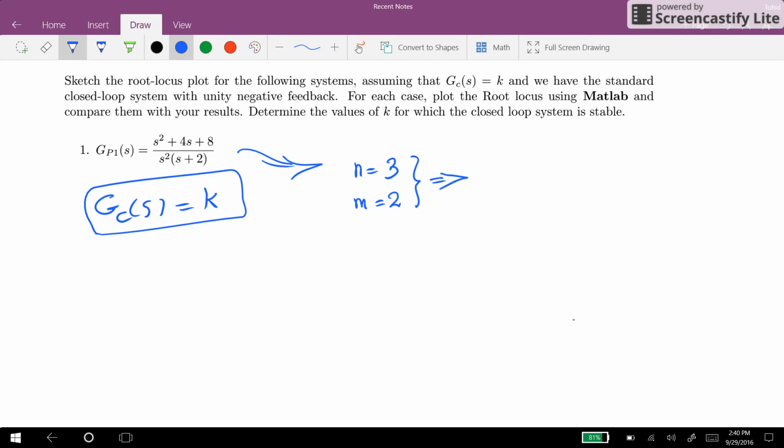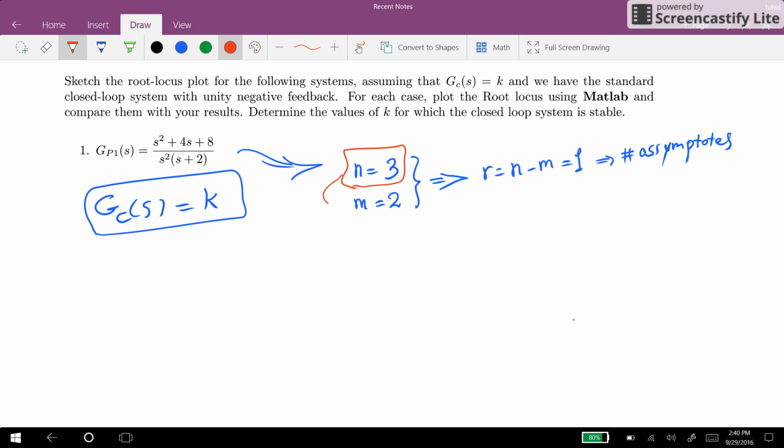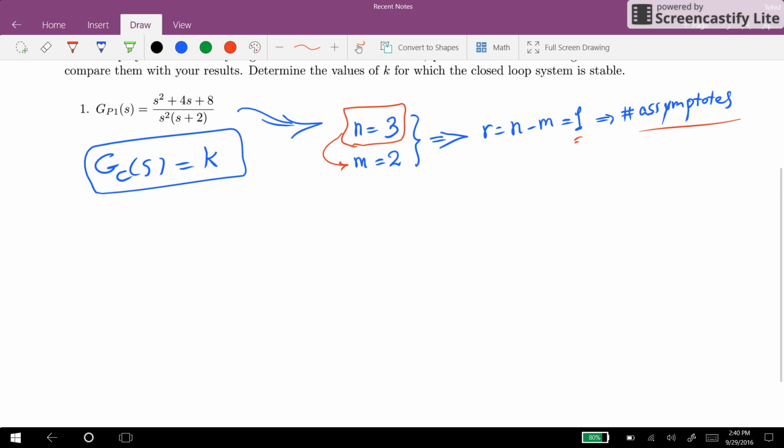As a result, we have r equal to n minus m, which is equal to 1, and 1 is the number of asymptotes. So this means that our root locus will have 3 branches. 2 of those branches will go towards the 2 zeros that we have here, and 1 branch will go towards infinity using 1 asymptote. We have 1 asymptote.